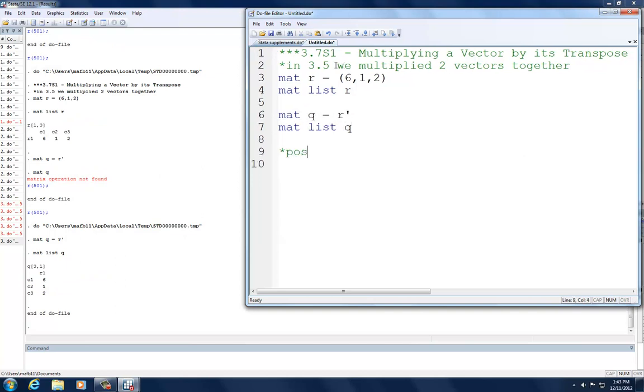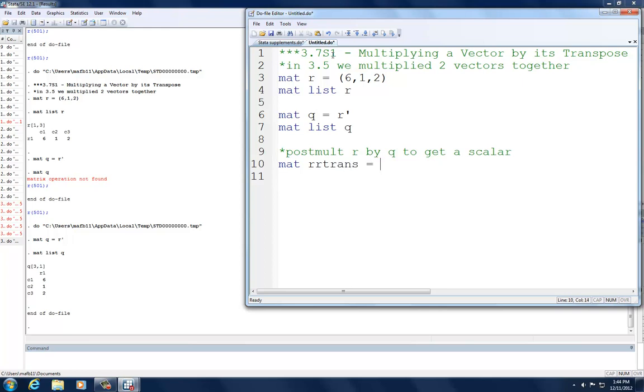Now we are going to pre-multiply R by Q to get a scalar. R is a 1 by 3 matrix, Q being a 3 by 1, so when we multiply them together we get a 1 by 1 matrix. So let's call it R trans for R times R transpose.